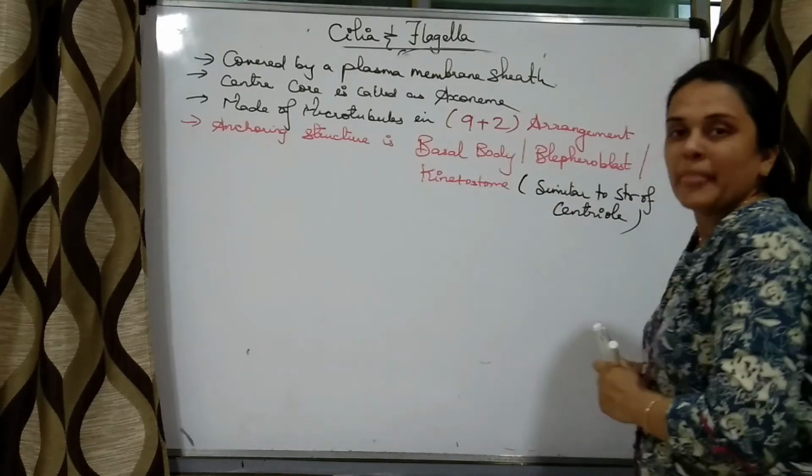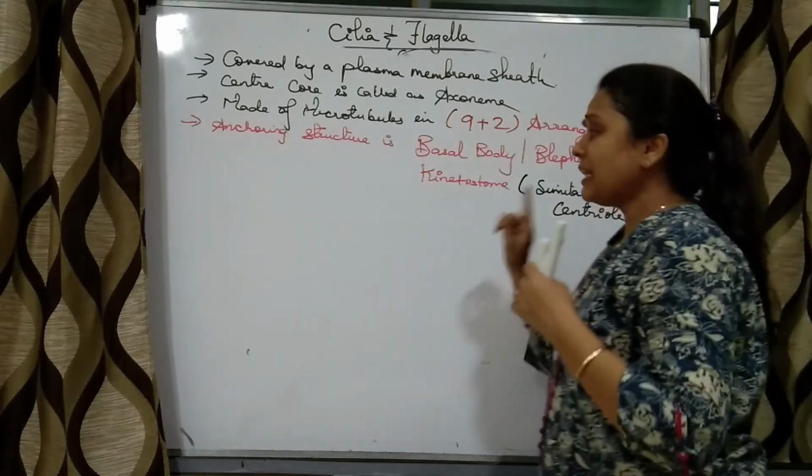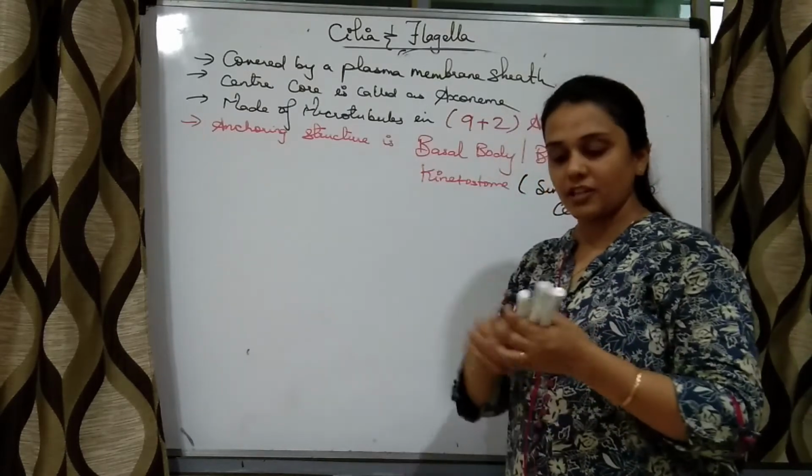So we are studying the internal structure of cilia and flagella. Cilia are numerous and smaller in size. Flagella will be single and larger in size. Right?